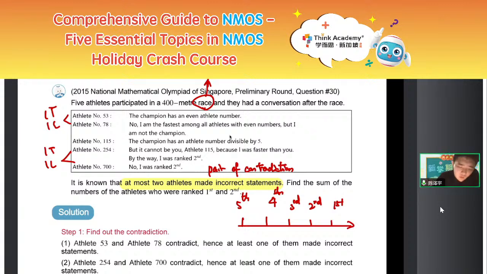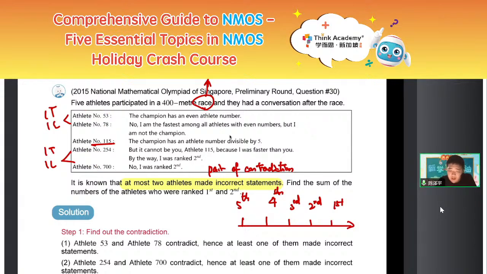So what do we know about what the number 115 says? What do we know about what he or she said? It must be a correct statement, right? Because you see, the incorrect statements are among this and this, right? And we only have at most two incorrect. That's why he must be correct.